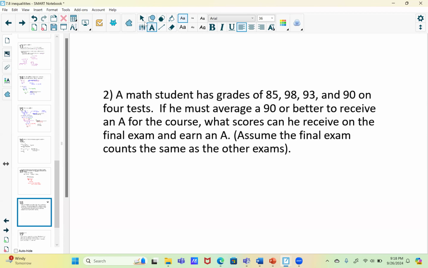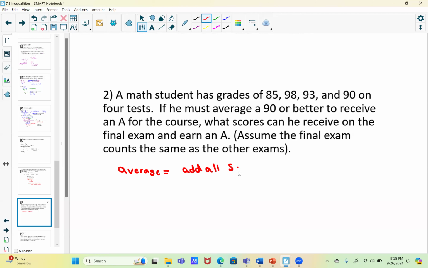Okay, so we're talking about finding an average. And when we find an average, we add up all the scores and then we divide by how many we have. So we're going to let X be our score on the final.